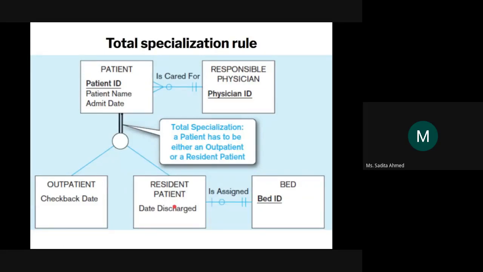The question is, can it be both? Total specialization rule কি স্পেসিফাই করে? Patient instance either outpatient হতে হবে or resident patient হতে হবে. But can it be both?